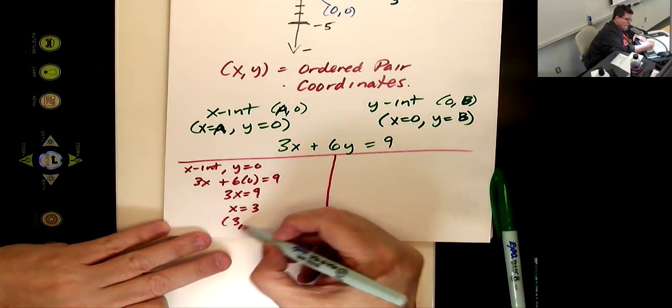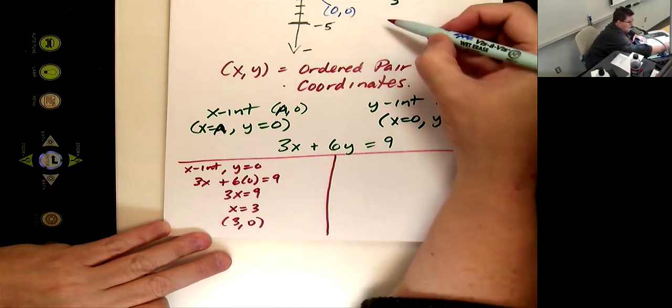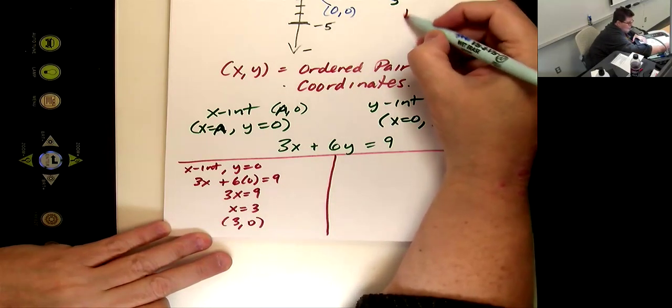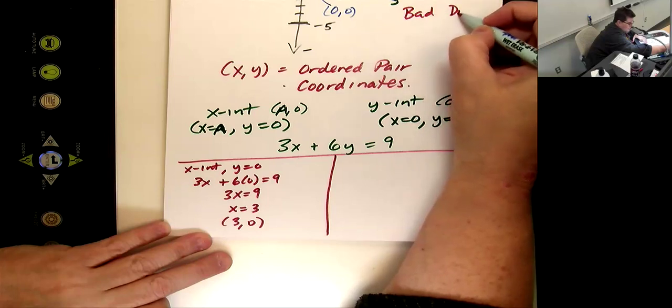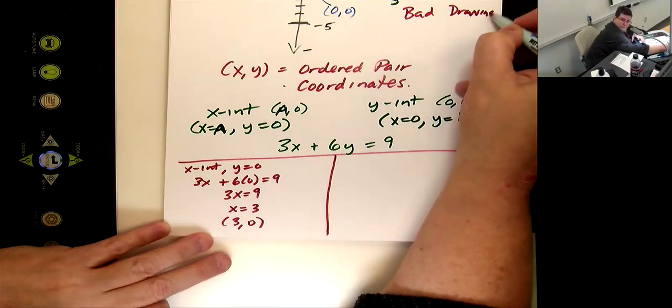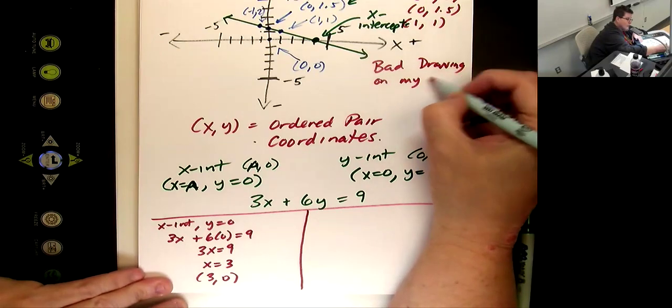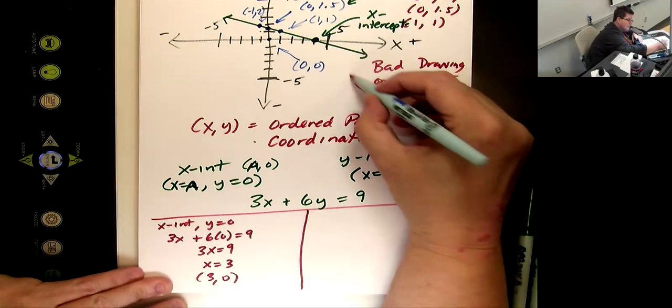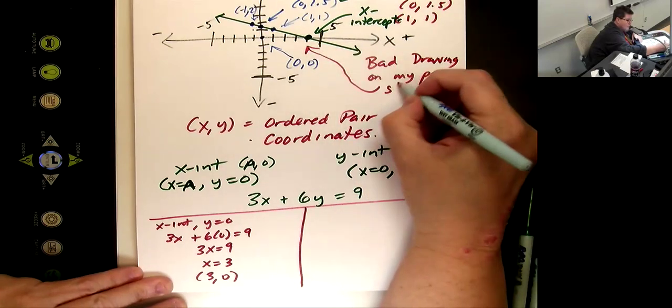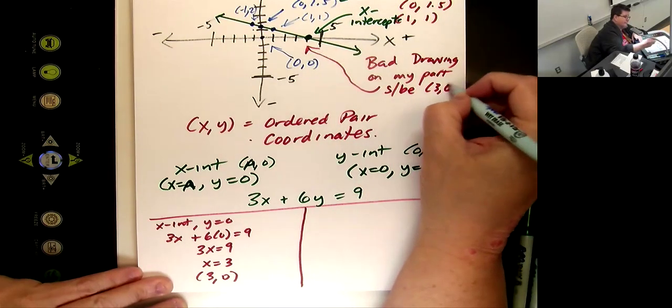It looks like this should have been the point 3, 0. So bad drawing on my part. Should be 3, 0. Just found that out.